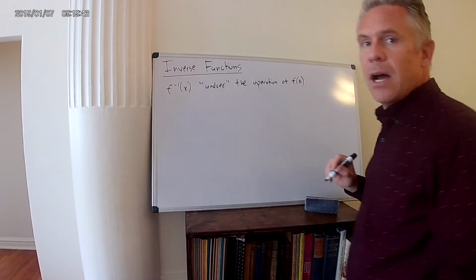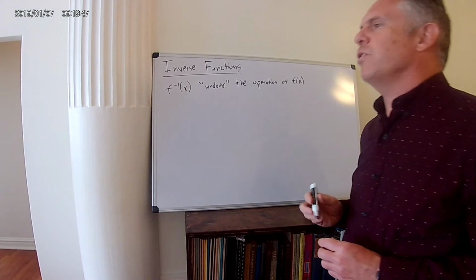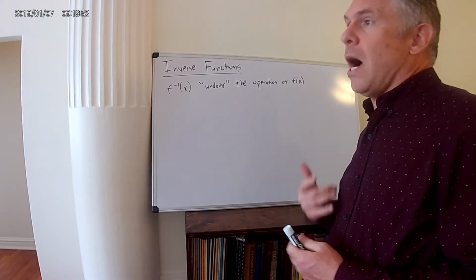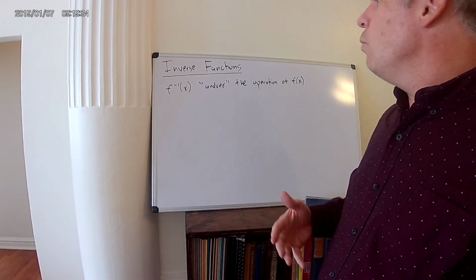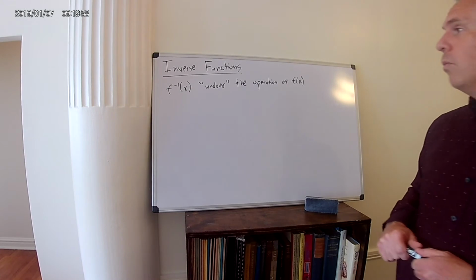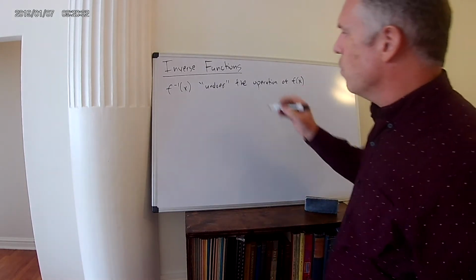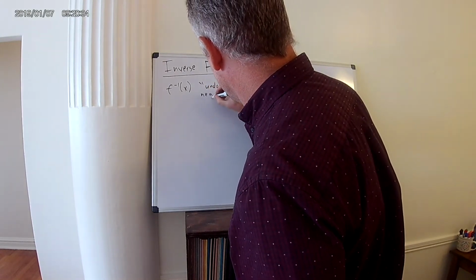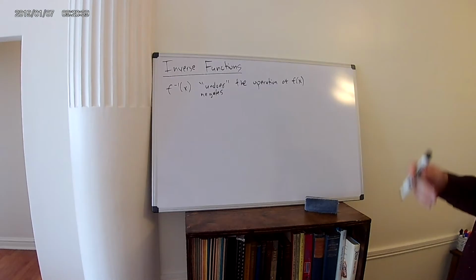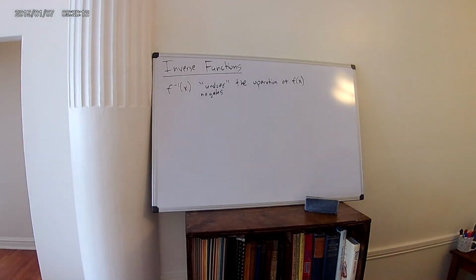If you think of a simple, silly analogy, if I were to dig a hole, my operation was to dig a hole. What would be the inverse to digging a hole? Well, the inverse would be to fill the hole back up again. So an inverse operation undoes or negates the operation of a function f of x.